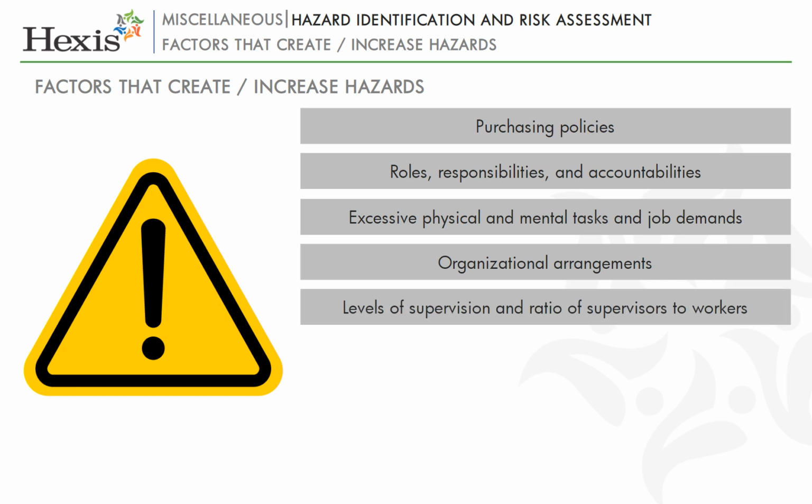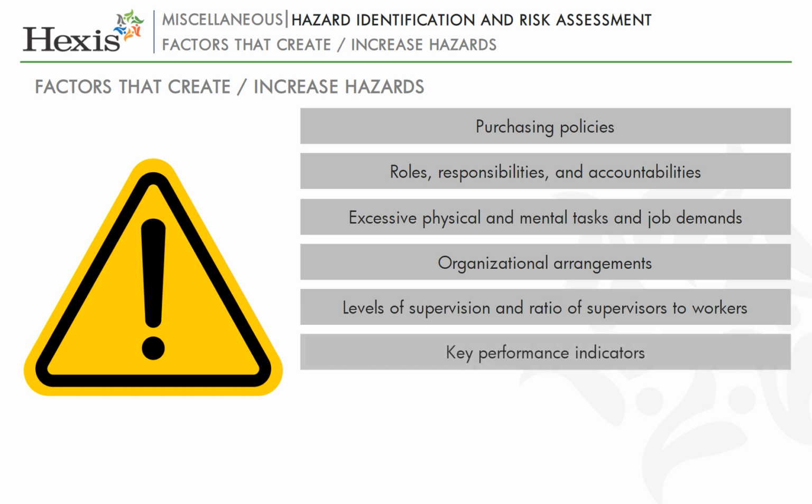Levels of supervision and ratio of supervisors to workers. For example, greater levels of supervision are appropriate in some areas. Key performance indicators. For example, when set too high, they create unrealistic performance targets, which can increase the worker's tendency to take shortcuts and increase risks while trying to achieve the targets.